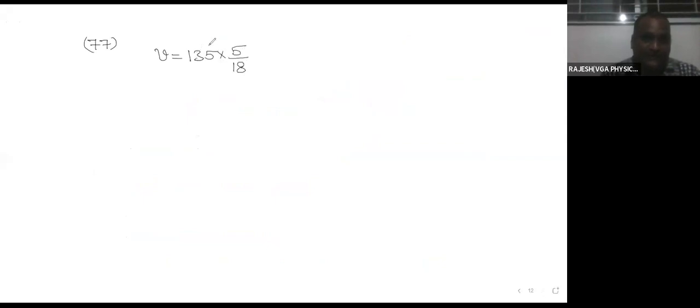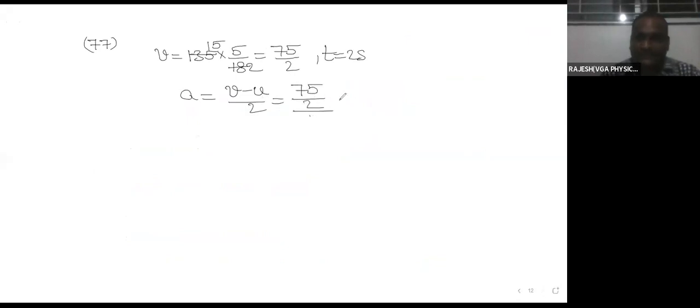So 9 will get 15 times. So this is 75 by 2. Time they told 2 seconds. So acceleration is equal to v minus u by 2. So 75 by 2 by 2 because u is 0. So it is 75 by 4 meter per second square. Right?